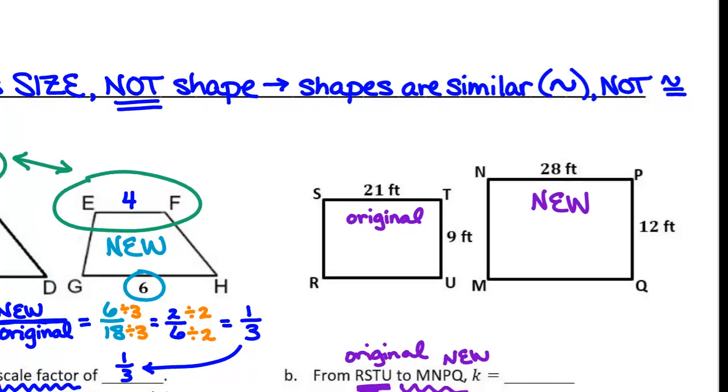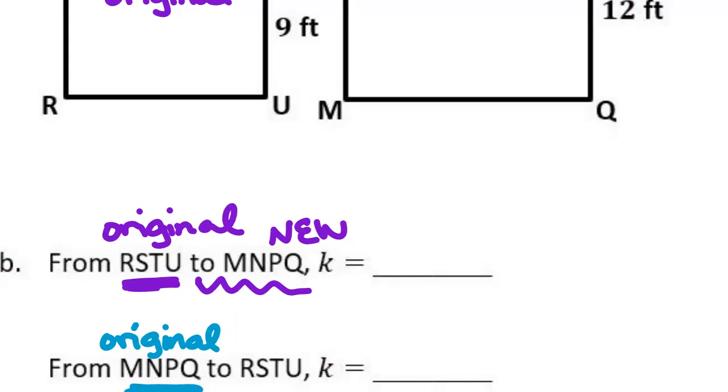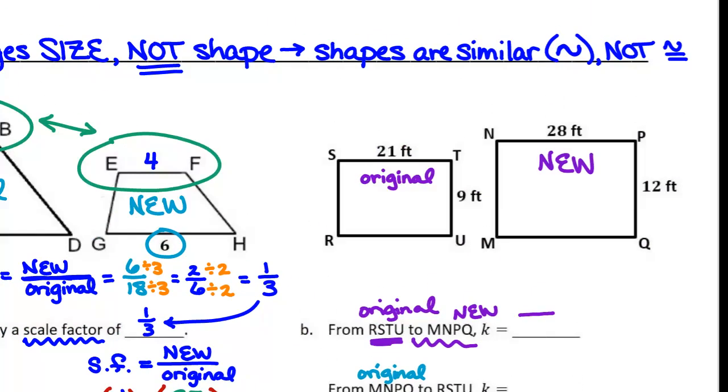All right, so let's set up our scale factor. I need to make sure to match corresponding sides. New goes in my numerator. Original goes in my denominator. I've got 2 sides on RSTU. Do I know what the corresponding sides are on NMPQ?